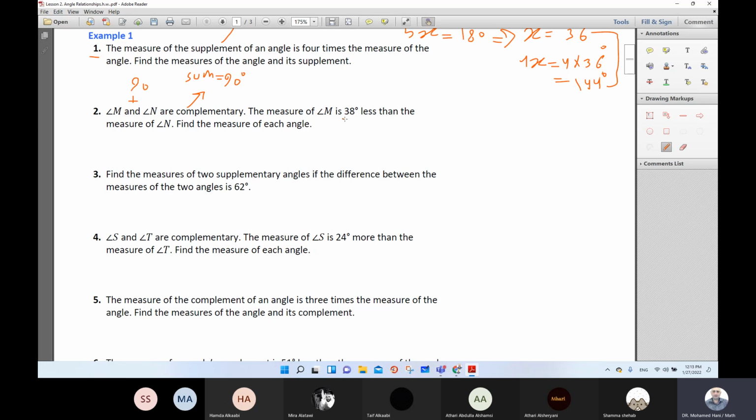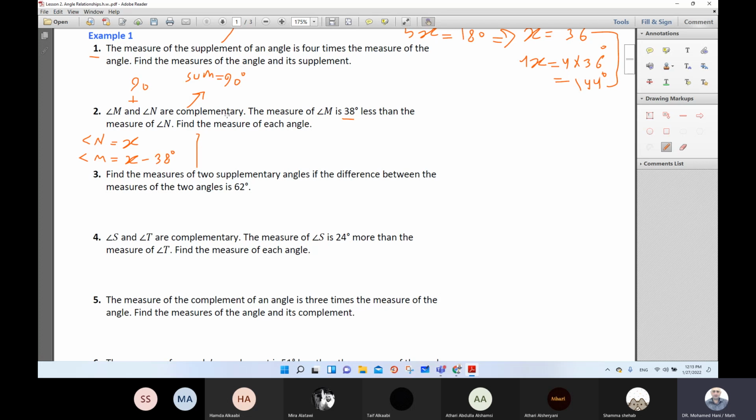The measure of M equals 38 less than the measure of N. So if the measure of N equals x, the measure of M, 38 less than x, equals x minus 38. Find the measure of each angle.